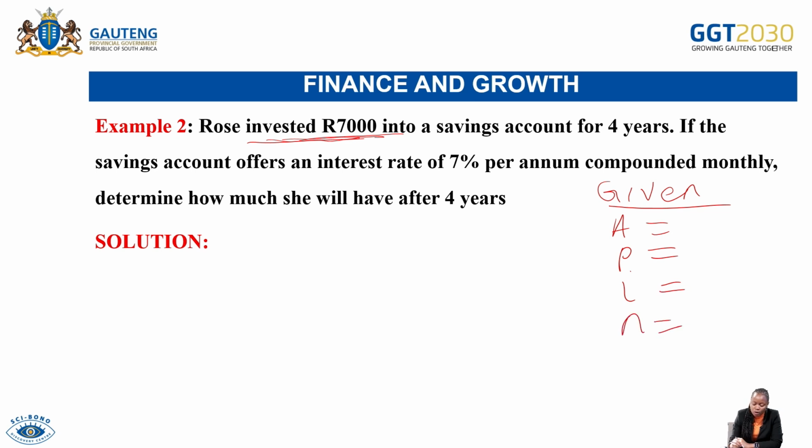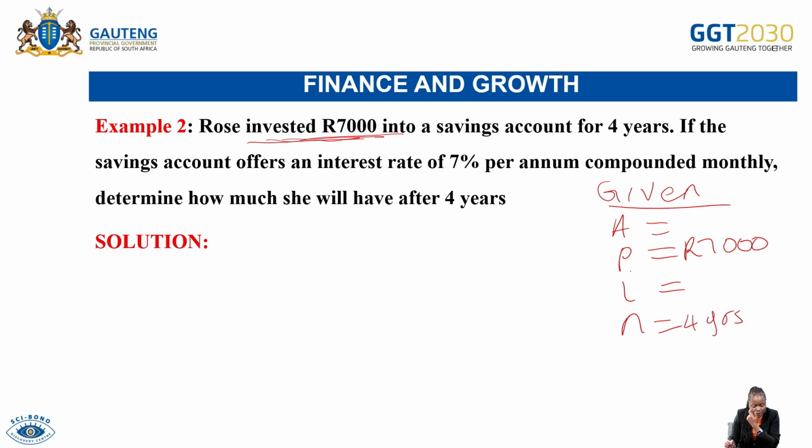So your P, which is the principal amount, is going to be given as 7,000. Okay, and then they're saying the 7,000 is invested into a savings account for a period of 4 years. So it means your N is going to be 4 years.